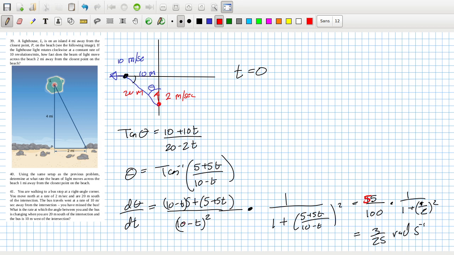And then 10 minus 0, 10 squared is 100. Then 1 over 1 plus that, t is 0, but it's a half squared. No, I don't think I made a mistake, there's a half squared, okay. 55. 11 over 25 then. Yeah.